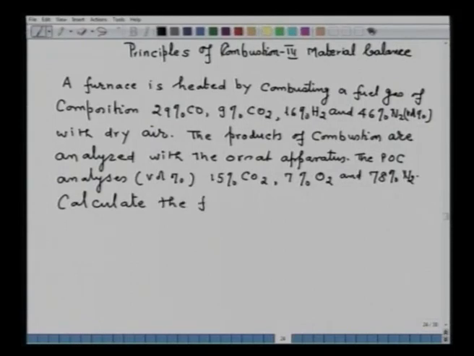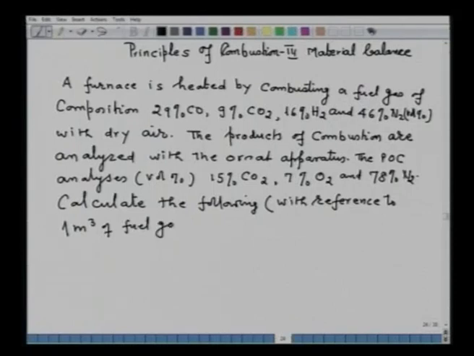Calculate the following with reference to one meter cube of fuel gas measured at 1 atm and 0 degree Celsius, that is NTP, normal temperature and pressure.